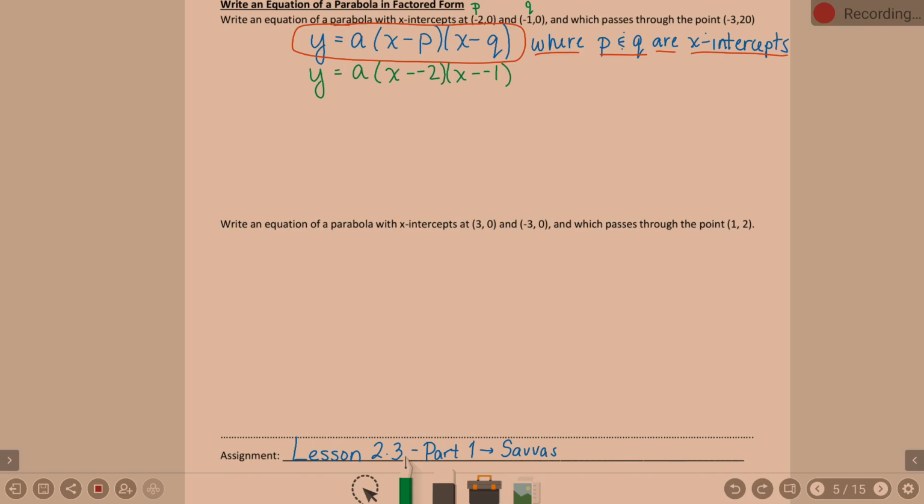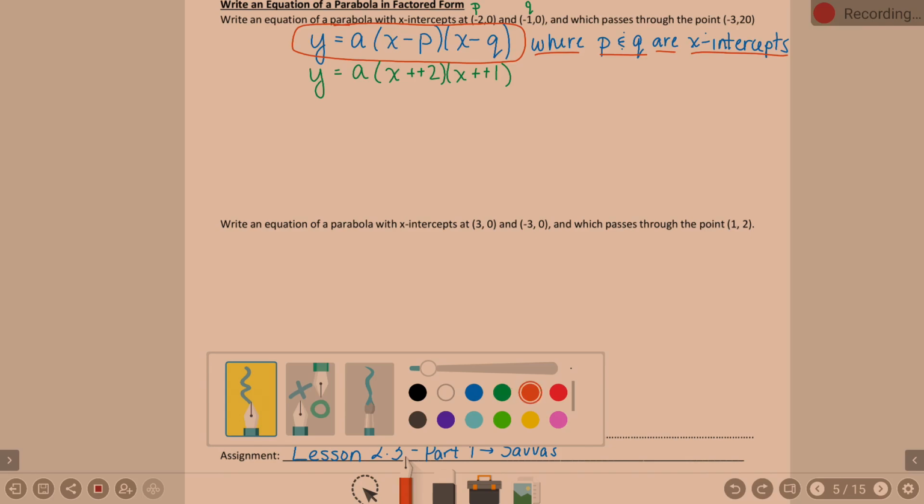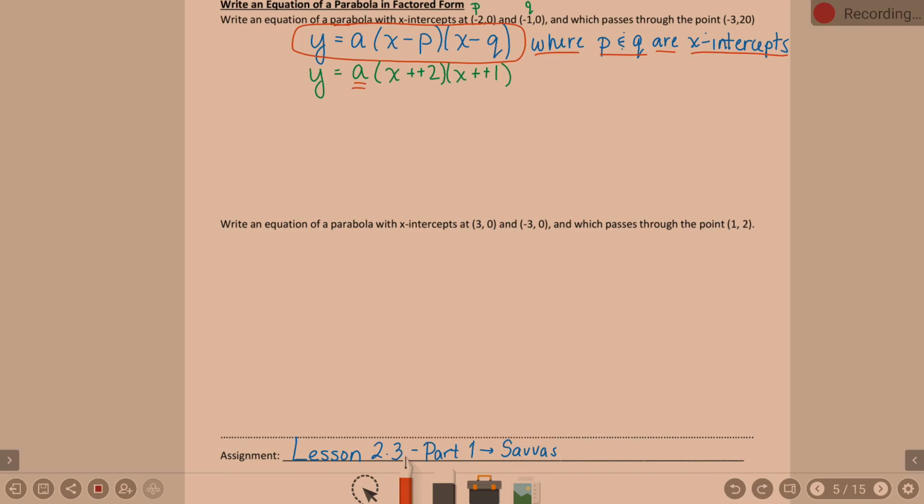Minus a negative, these really just become plus positives, right? Or just one big plus, right? Now, what do we not know yet? We don't know A. We don't know A, we have to find A. What else did they give me here?